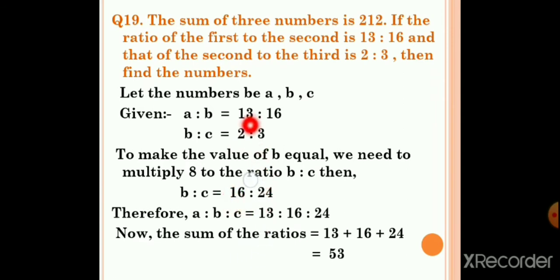Now we can see that the value of B over here and here is equal. Therefore, we can write A is to B is to C is equal to 13:16:24. Now, the sum of the ratio is 13 plus 16 plus 24, which is equal to 53.